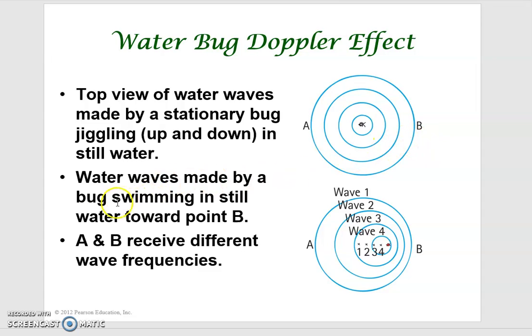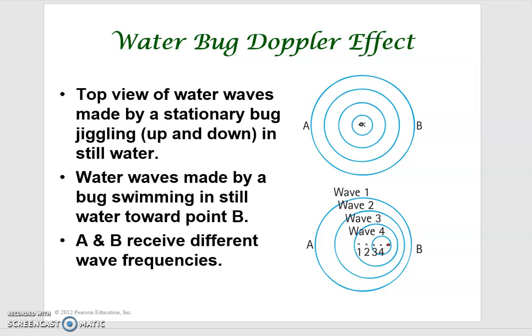But now consider that the bug is swimming toward point B. Simultaneously, he still oscillates up and down, so he will continuously produce waves propagating outward. However, because the bug is swimming toward point B, you can see that the wavelength between the bug and point B becomes shorter and shorter, and the wavelength between the bug and A becomes bigger and bigger.